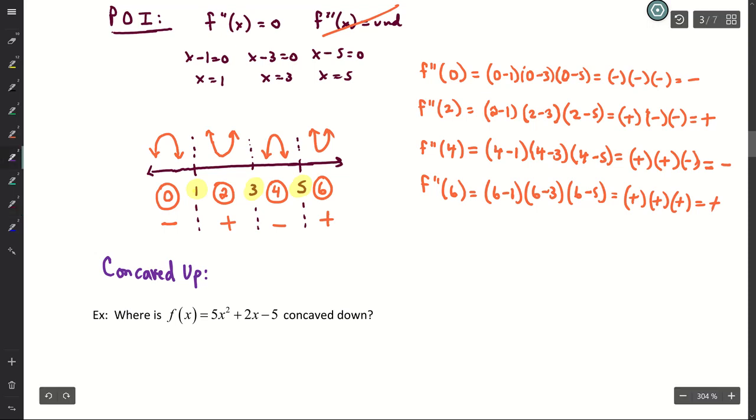So in answering this question, where is it concaved upward? It looks like between 1 and 3, it's concaved upward. So from 1 to 3, and then union also to the right of 5. So that would be from 5 to infinity. All right, and then concave downward.